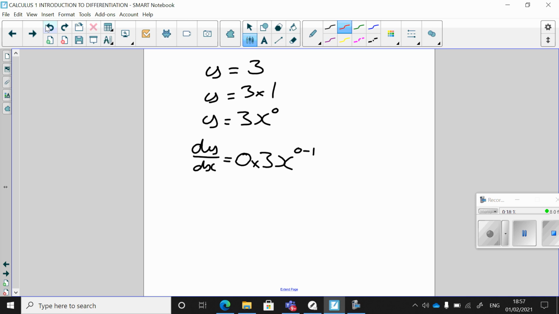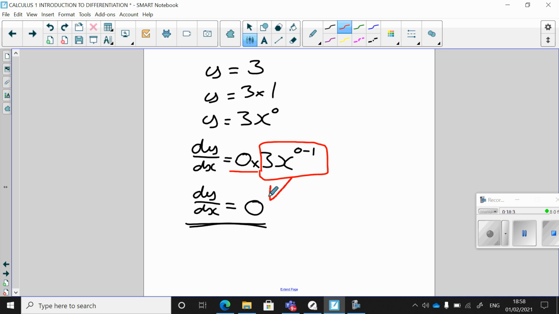And 0 times 3 is 0. x to the 0 to the -1, that's just 0 because anything times 0 is just 0.